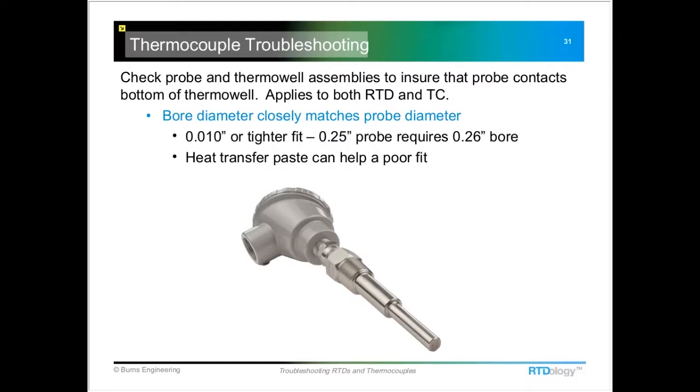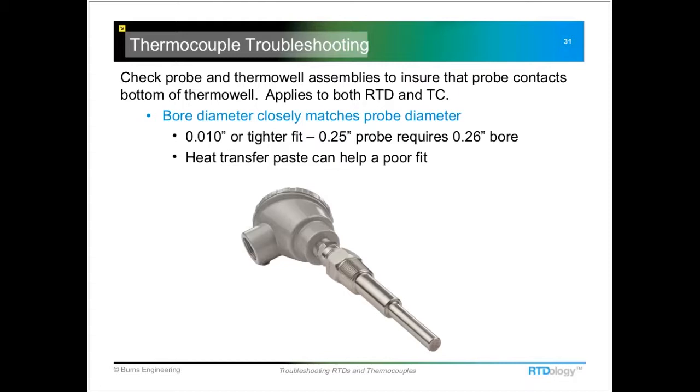Repeating myself a little bit, but with a little more detail: make sure that the thermocouple or RTD, and this applies to both, closely matches the bore diameter of the thermowell, and that the probe is bottomed out firmly in the thermowell. We should have about a 10/1000 or tighter fit between the probe and the well. If it's bigger than that, you will see some measurement error because you're not getting as good a thermal contact between the two.